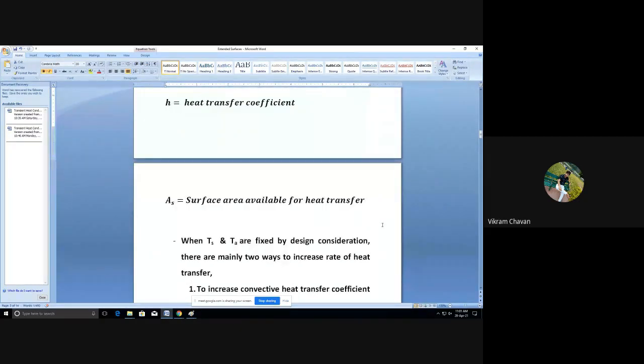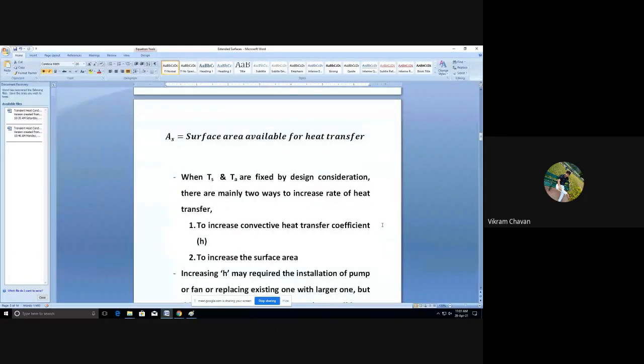The next line you can write: when Ts and Ta are fixed by design consideration, there are mainly two ways to increase the rate of heat transfer.